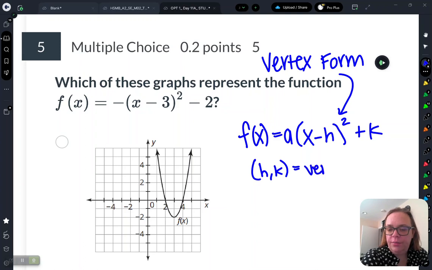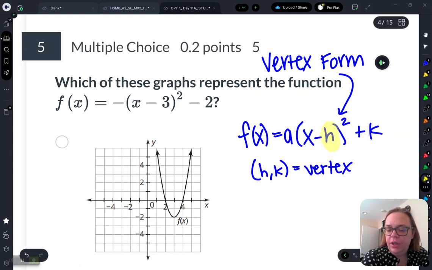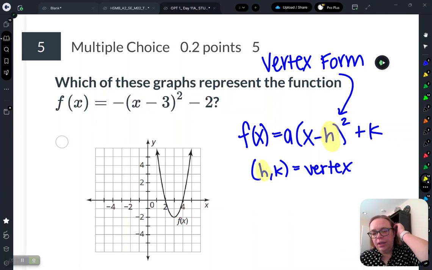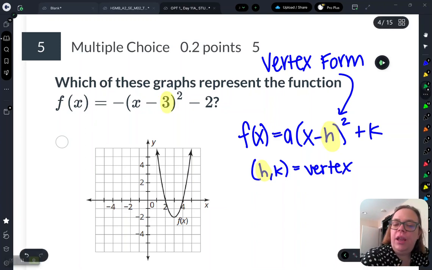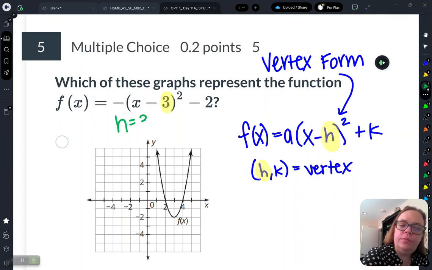So notice here that the h is after a minus sign. So what that tells us is the negative isn't part of h. So you're going to kind of look at h as the opposite of what you see. So in this example, the h is 3. Not negative 3, but positive 3.